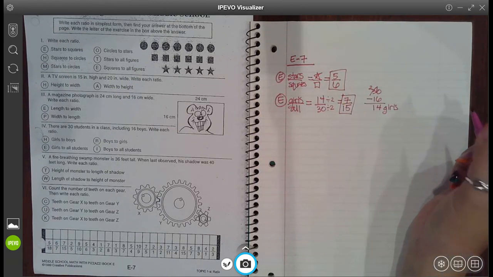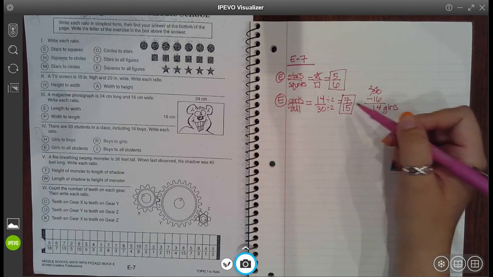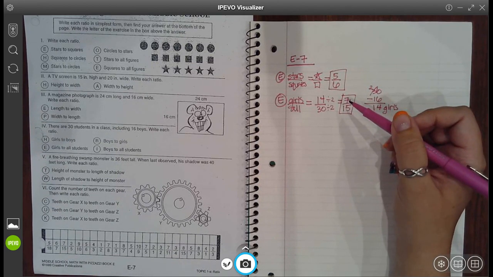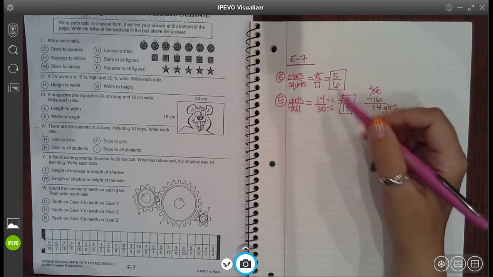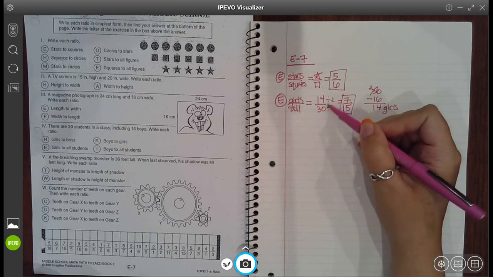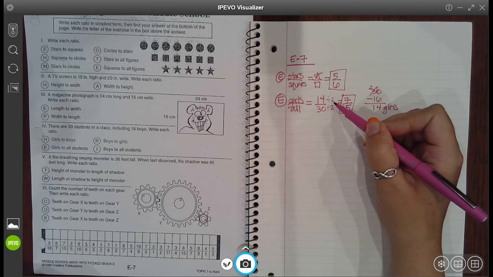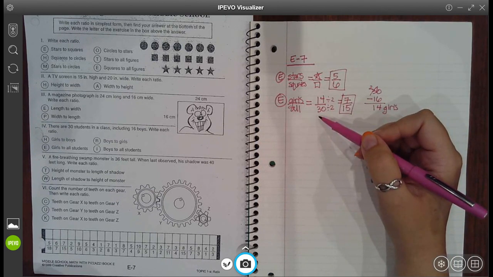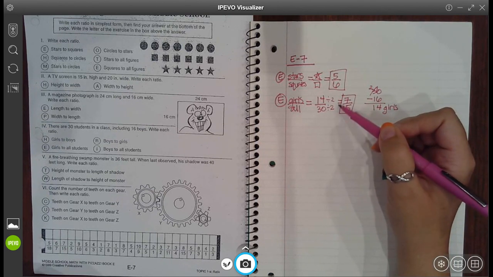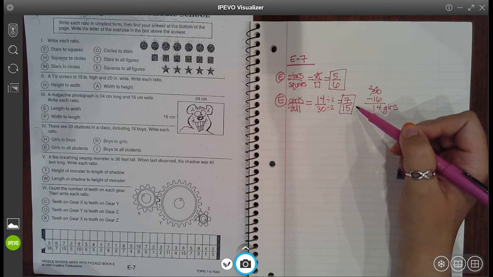Okay, if you could reduce it again, you'd keep going, but I can't, so I'm done. Don't forget, in order to get credit, you have to write the words out in front. You also have to show me what you divided by if a fraction could reduce. Okay, don't just jump straight to the answer. Write the original ratio, show me what you could reduce by, and then write the final answer.